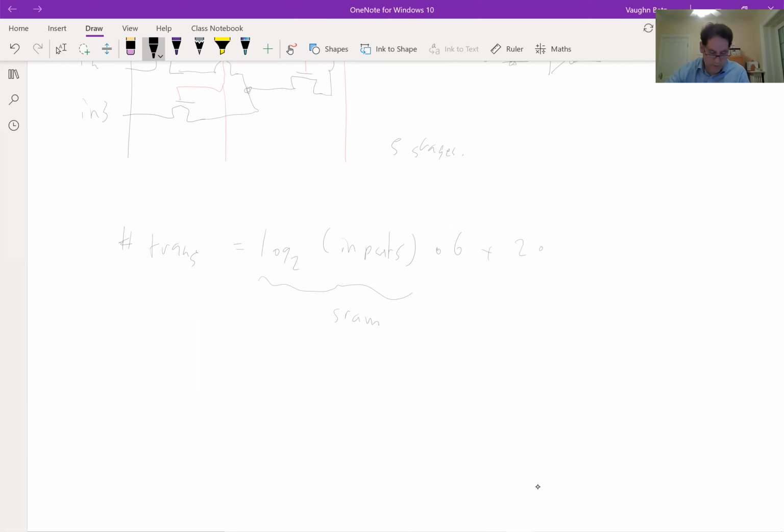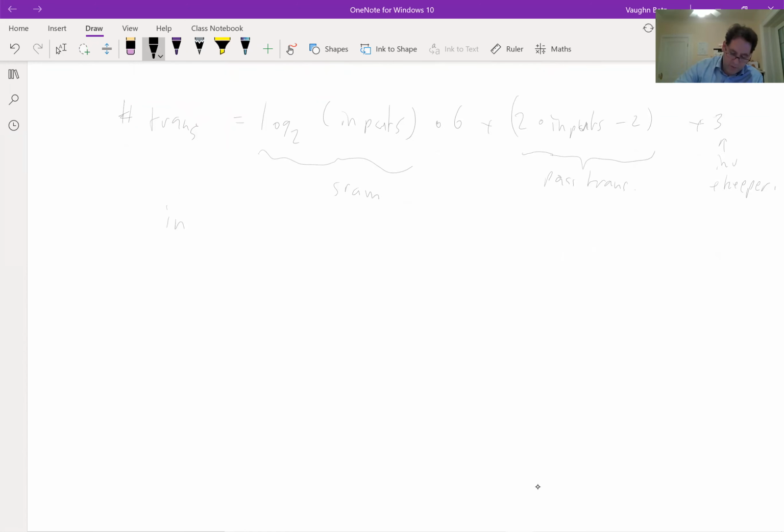Plus 2 times the inputs minus 2. That's basically what I get from the pass transistors. Plus 3 at the output. Okay, so that's the inverter and the keeper.